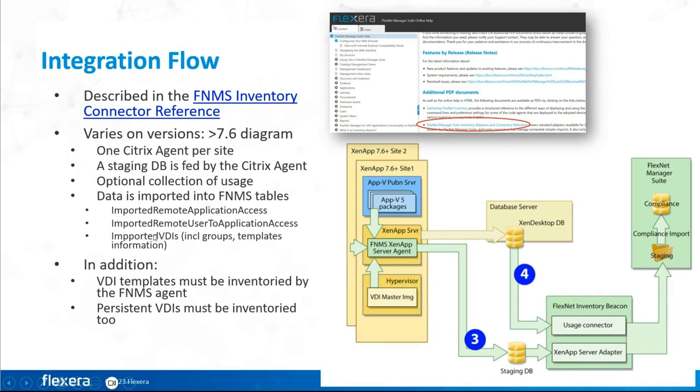All of this will be stacked in what we call the staging tables for inventory. And then the data is aggregated and merged into the database that will, in the end, contain the data that you see on the web UI and that is used by the license reconciliation. VDI templates must be inventoried by the agent. Persistent VDIs must be inventoried too, of course.